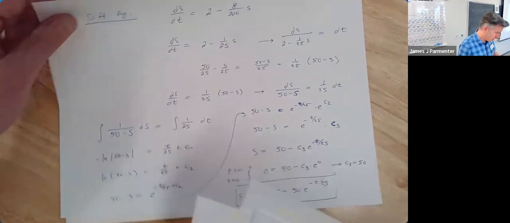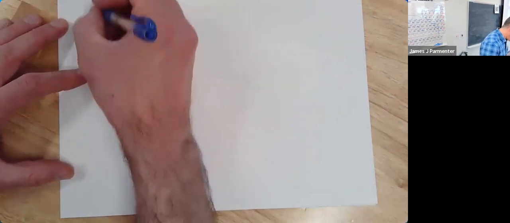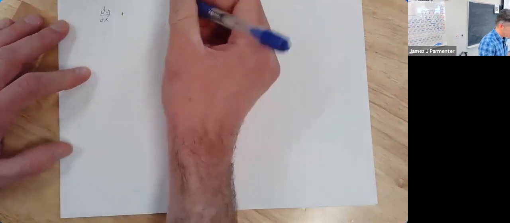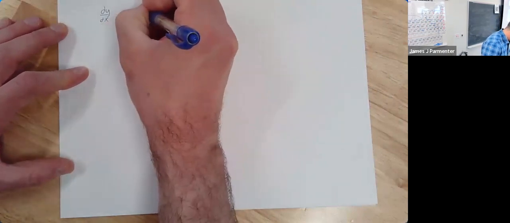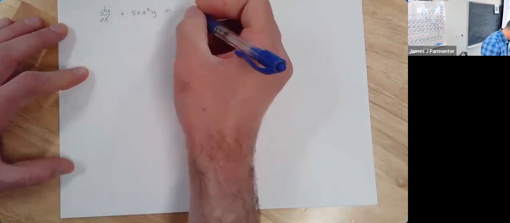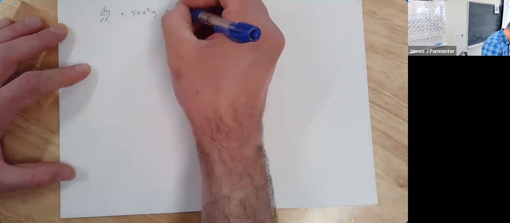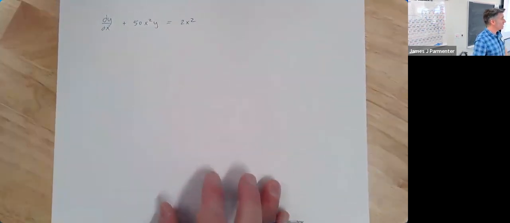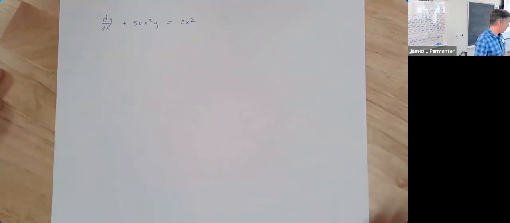So what I mean is, for example, if I have this differential equation, dy dx plus 50x squared y equals, I don't know, 2x squared. It's certainly set up like someone wants you to do it as a first order linear differential equation. You totally could.